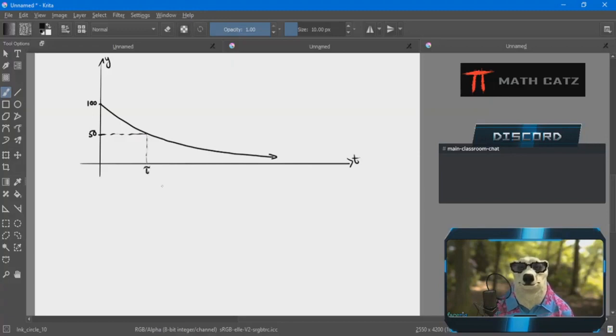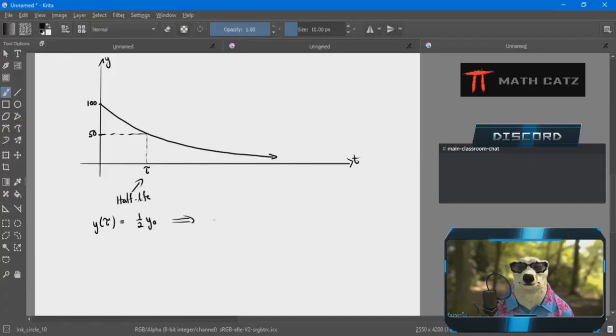I'll call it tau, and we'll call that the half-life. So this tau is the amount of time it takes for me to get a half of my original amount.